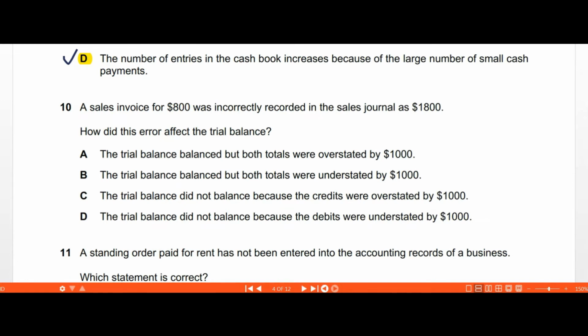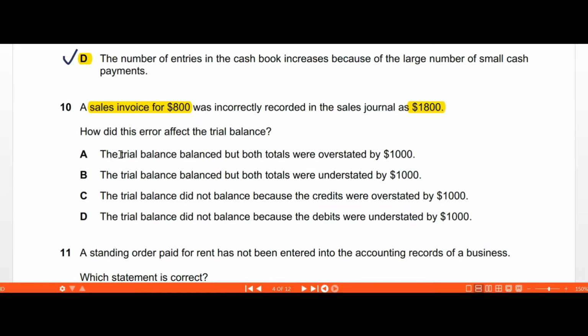Question number 10. A sales invoice for 800 was incorrectly recorded in the sales journal as 1800. How did this error affect the trial balance? So the sales invoice was for 800 and this was recorded as 1800. Now, this is the trial balance. Option A says both totals were overstated.